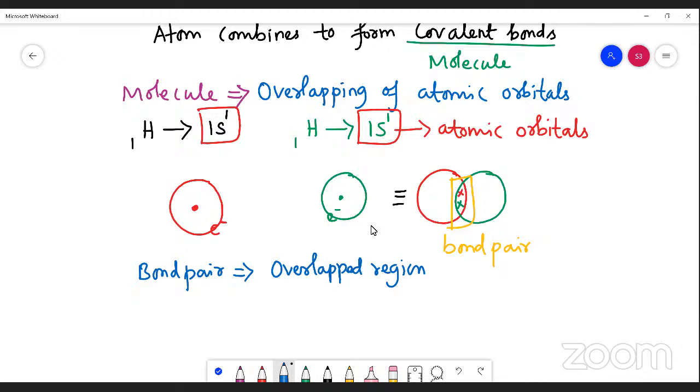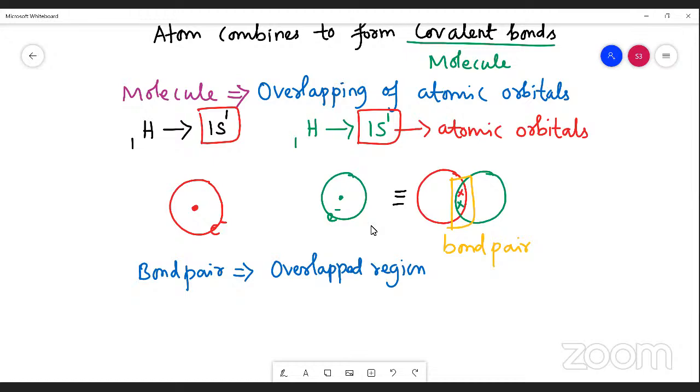How are the atoms combining? By using atomic orbitals. Okay. So what is an atomic orbital? Where the electron is present. Suppose you take hydrogen, it consists of only one atomic orbital, containing only one electron. So we have just taken a one-electron system and shown where the bond pair is present. Okay, so the bond pair should be present only in the overlap region. The bond pair should not be taken by any one of them. It is not possible. So it should be present only in the overlapped region.